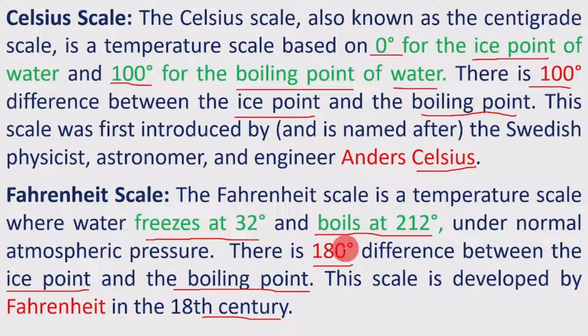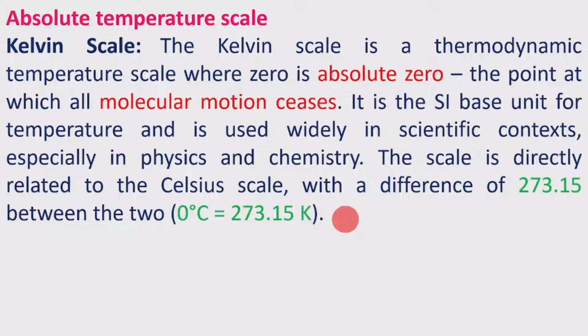Further moving, there is an absolute temperature scale. The absolute temperature scale means the measurement of temperature takes place from absolute zero, and that scale is the Kelvin scale. This is one of the absolute temperature scales. Some other absolute temperature scales also exist, but those are not normally used.